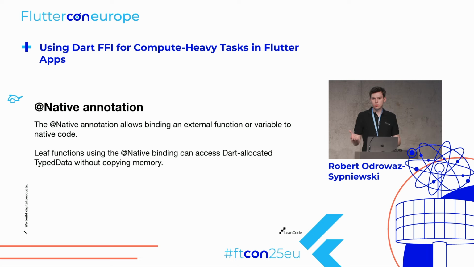Because otherwise, we need to first allocate our data on a native heap, and then we can pass it easily, and we can also access it from Dart. So the difference is that in one case, we need to keep our memory on the native side and access it from both languages. Here, we can keep the data on the Dart side, where it's memory managed, and access it also from the native side.